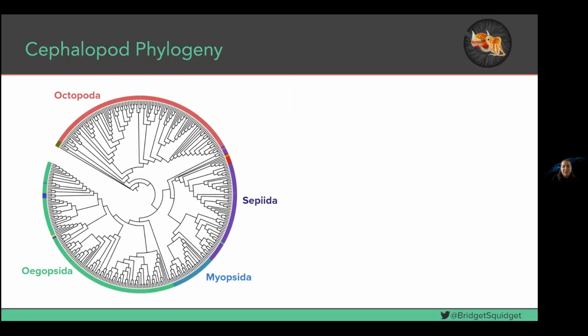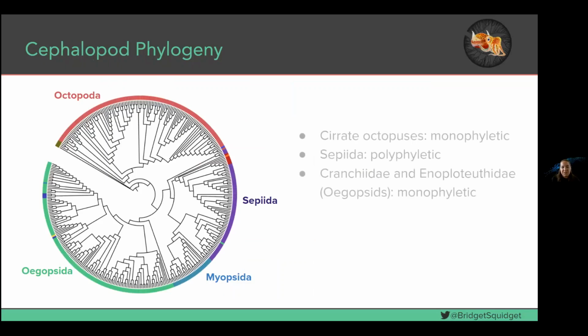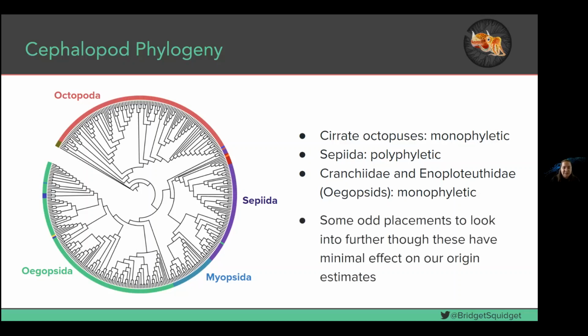And so here is kind of a summary of our phylogeny. Our cirrate octopuses are monophyletic, sepiids are polyphyletic, and then some oegopsid groups that have kind of been argued about in our past phylogenies have been found to be monophyletic. There are a few odd placements that just happened with our data.